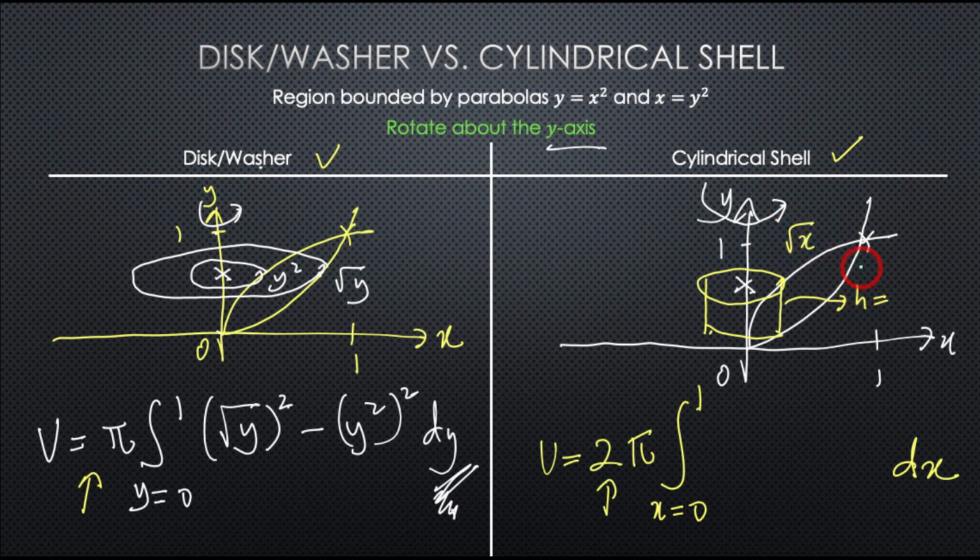This one is already in terms of x. So square root of x minus x square. And the radius, you read this one, x equal to 1, x equal to 0. So this one is x. So the radius x times the height, square root of x minus x square. You should get the same answer if you use this method or the cylindrical shell method.